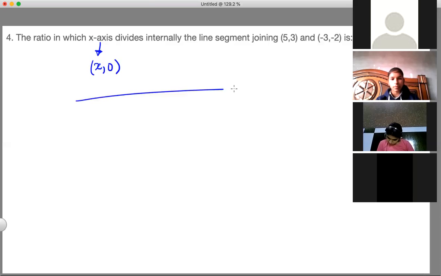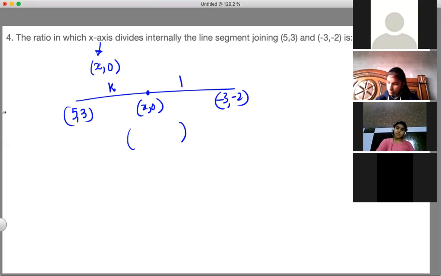Okay, so we have, रेशियो k रेशियो 1 मान लेंगे. We can take 5 comma 3 and minus 3 comma minus 2, and the point on this is x comma 0. ठीक है, और ये जो पॉइंट है इसके कोऑर्डिनेट्स सेक्शन फॉर्मूला से भी लिखेंगे k/1 मानकर.